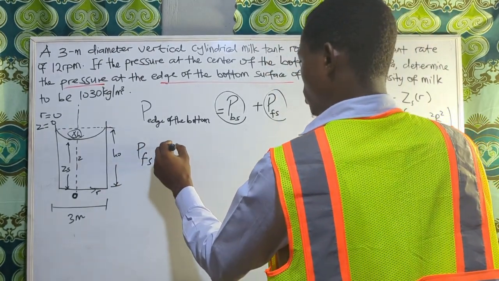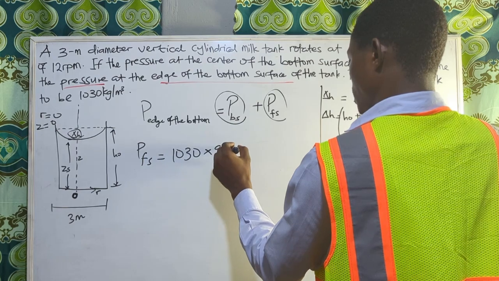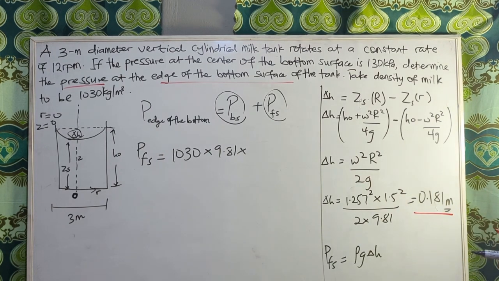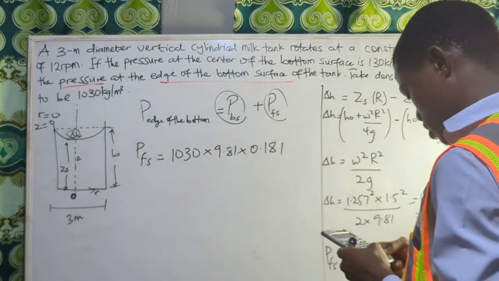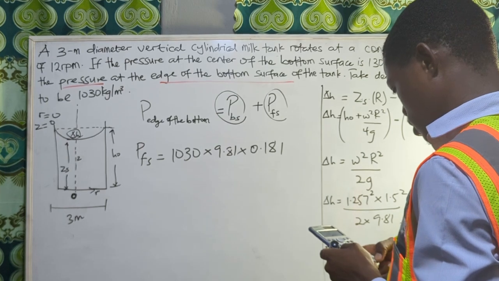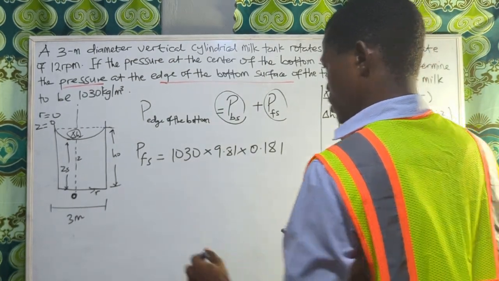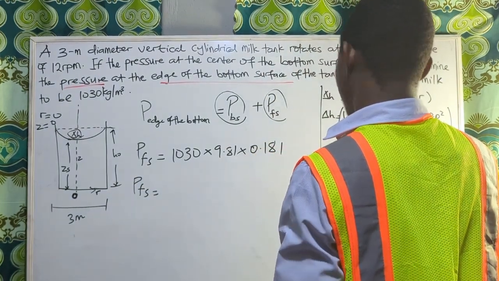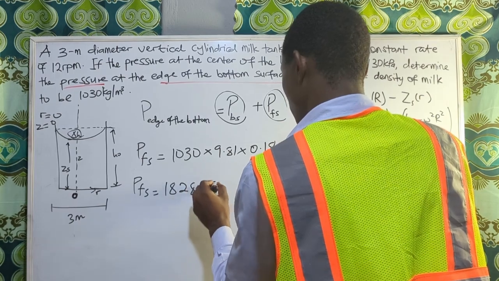We have it to be 1030 kilogram per meter cube times 9.81 times the delta H we had here, giving us 1828.88 Pascal.